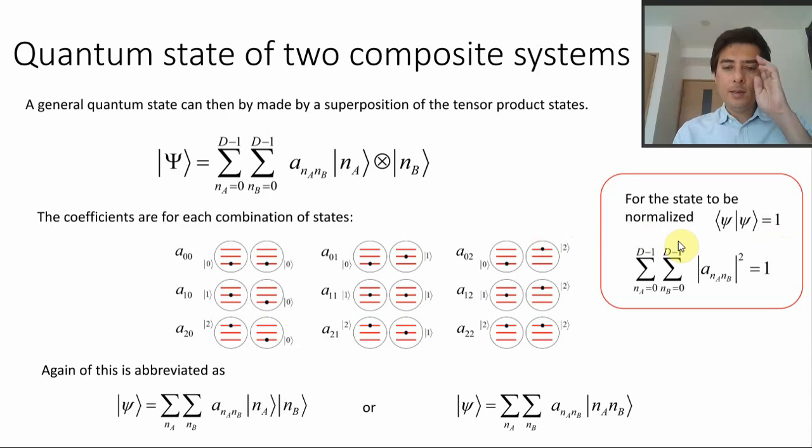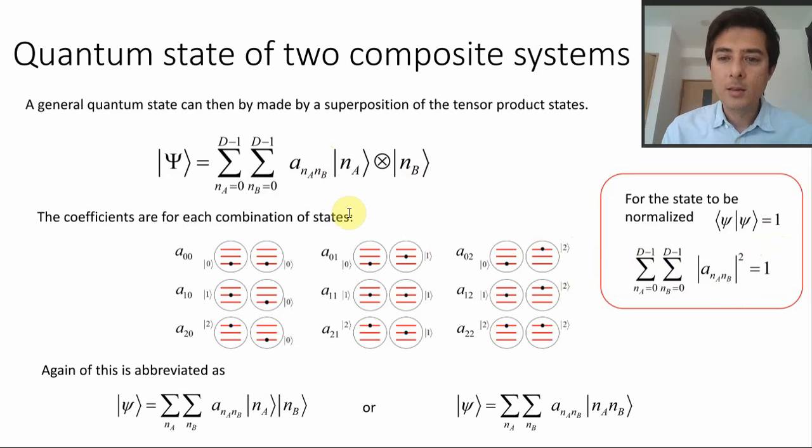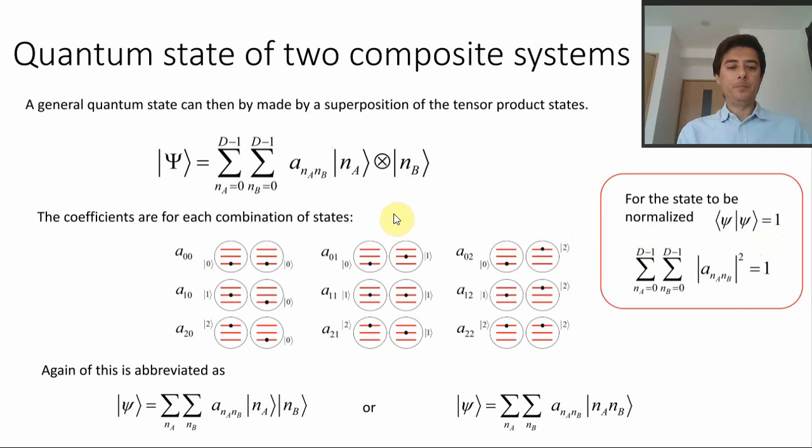To do that, what we need is for these coefficients, the mod squared of a, summed to be equal to 1. So just like normal, except that now we have more combinations of different states.